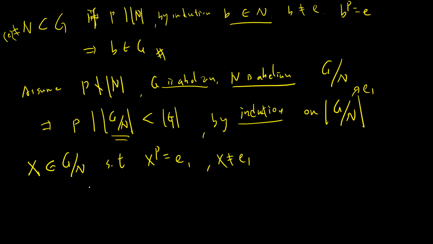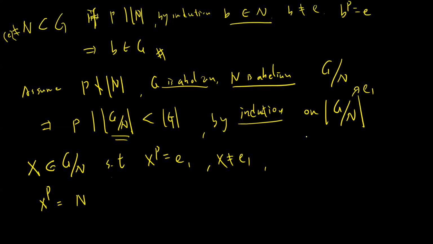So X to the P is basically the identity, and the identity in G quotient N will be just N.